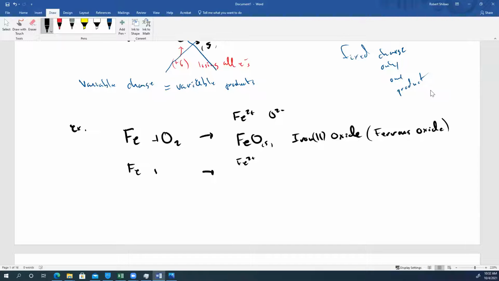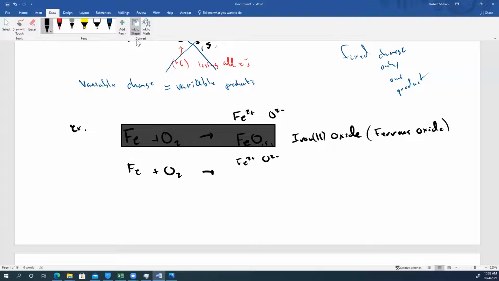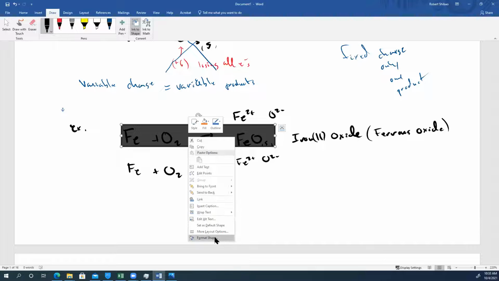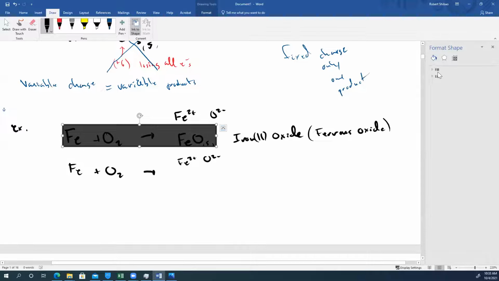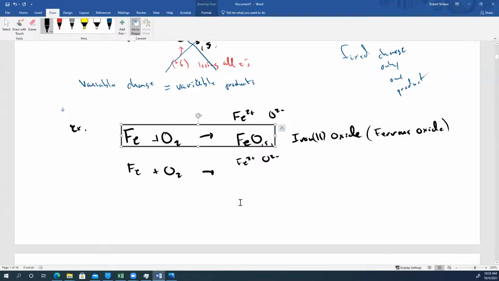So iron plus O2 yields iron 3 oxide. And so doing iron 3 oxide, what is it going to look like? Let me just box this one here. Okay, getting the formula here, it looks like I'm going to need how many oxides?